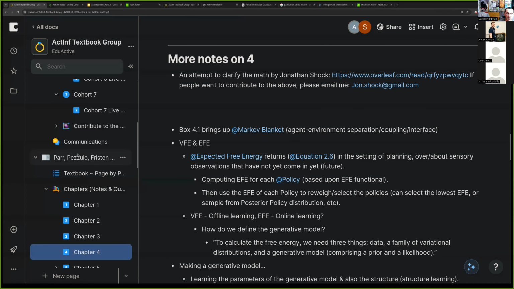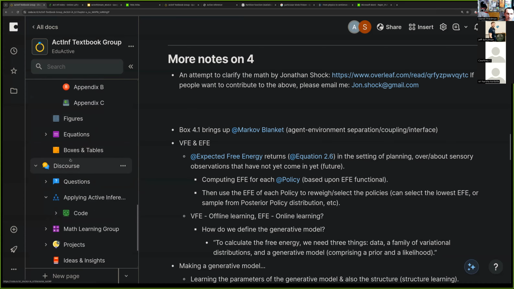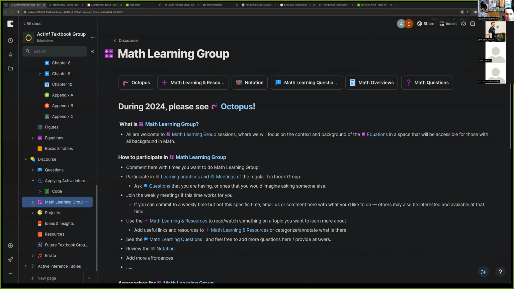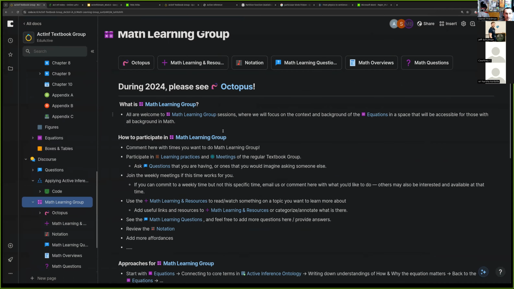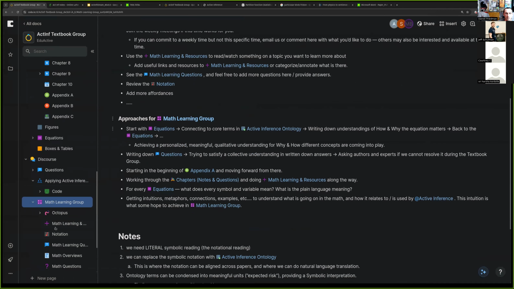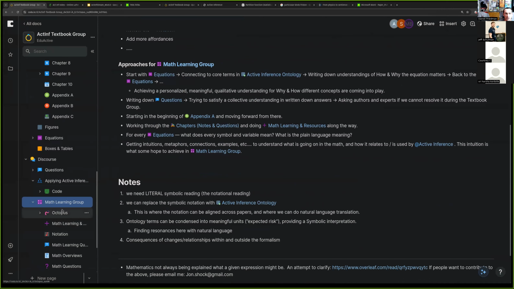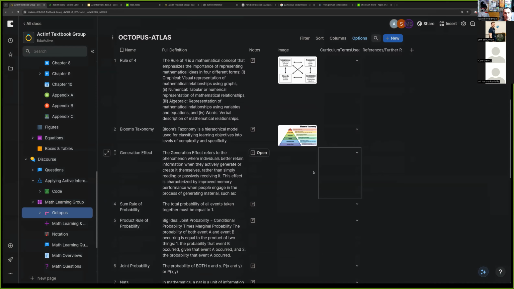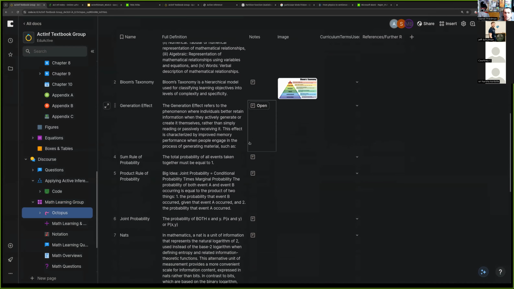And then in the textbook group, there's the work that Octopus is doing right now. Over the years, people have brought up many questions and thoughts about learning math and about how math connects. And Octopus is now holding down these meetings and trying to coordinate more math educational work.